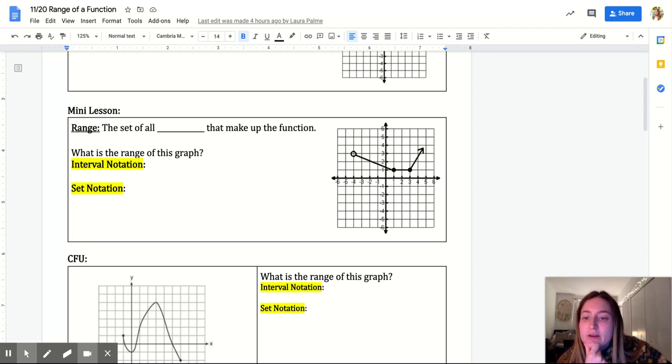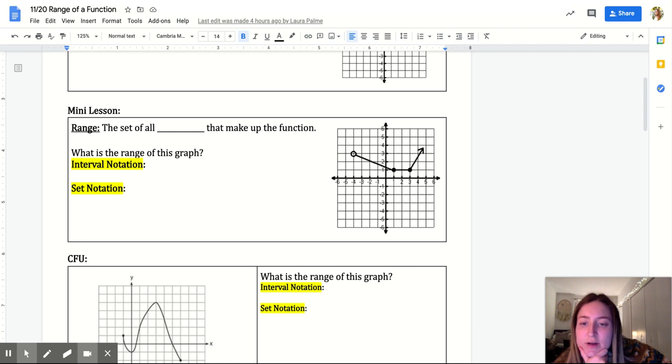So for interval notation, we are going to start with our lowest value. Remember, we're looking at our y's now, our y value. So we have our lowest value at positive 1. And we are including that positive 1 because these 2 points here are closed circles.